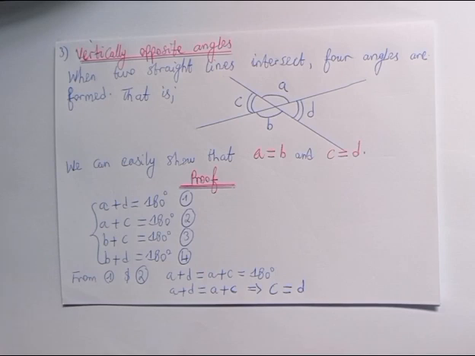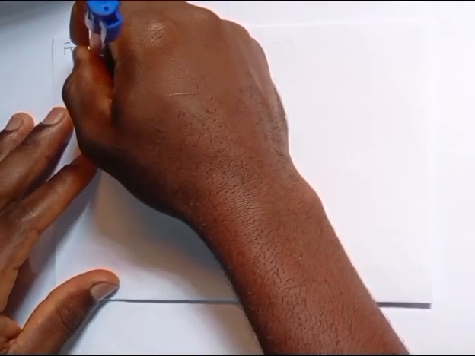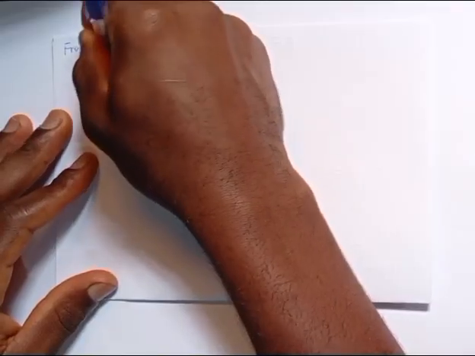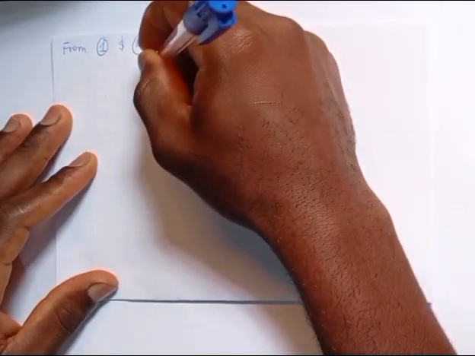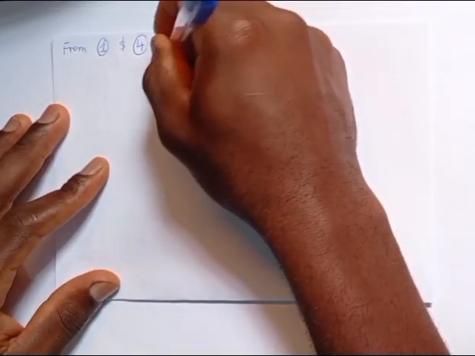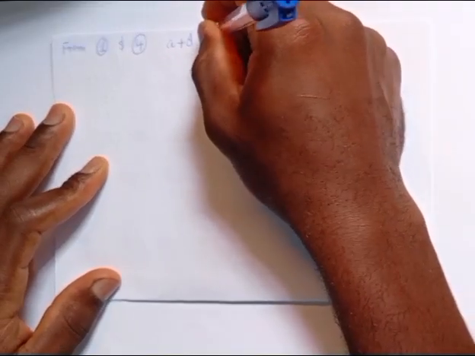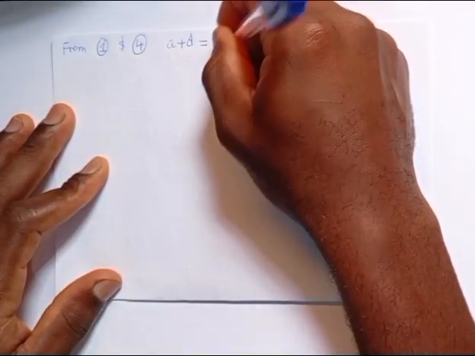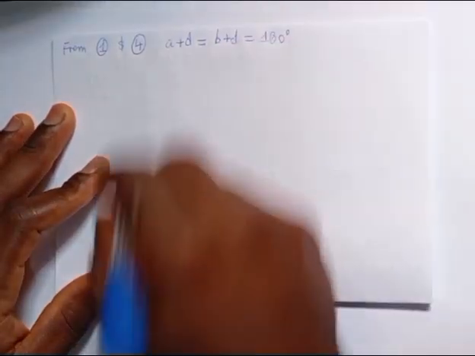Next, we have to show that the angle A is equal to the angle B. We take this down from equation 1 and equation 4. This will give us A plus D to be equal to B plus D is equal to 180 degrees.